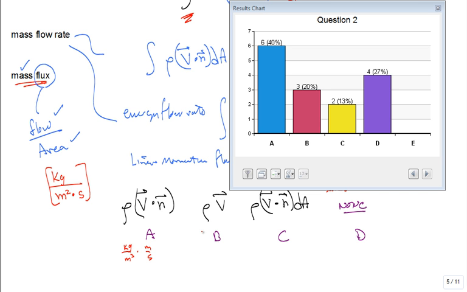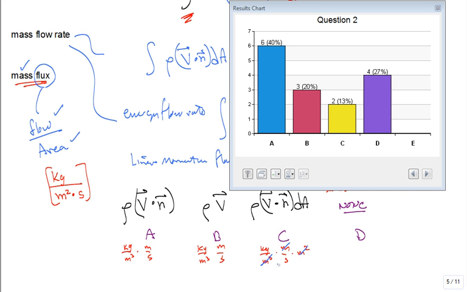How about over here, kilogram per meter cubed, then you have meters per second. What about over here? I have kilogram per meter cubed times meters per second times, what's dA have? Meters squared. So C has units of kilogram per second. True? Let's drop C. C is not a contender. It doesn't have the right units.